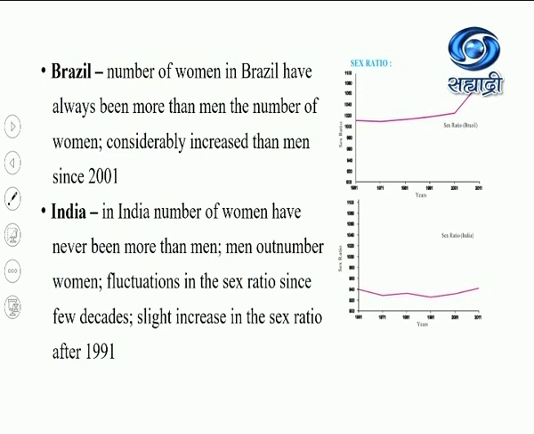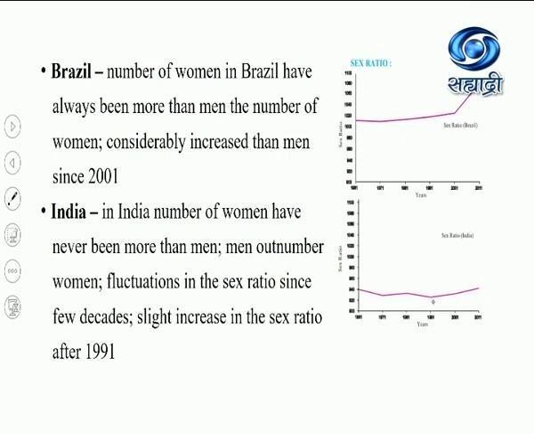When we talk about India, the number of women has never been more than the men. Here you can see it is just 840 in 1961. It was less in 1971. This is continuously changing; there have been fluctuations in the sex ratio for a few decades.